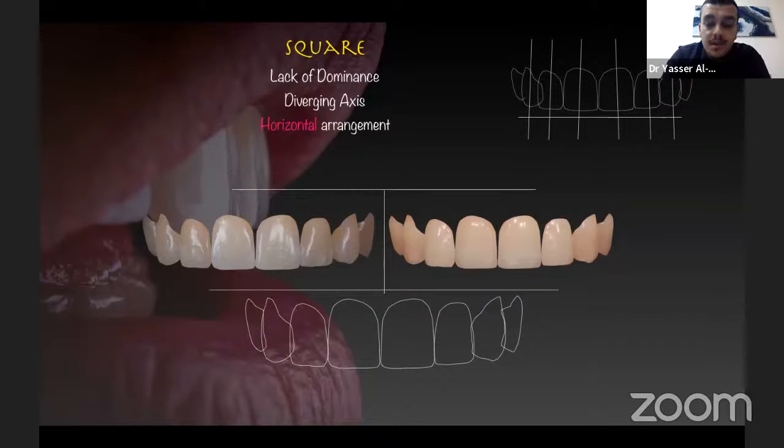There is a lack of dominance, which means the central, lateral, and canine are in the same curvature of the arch, with diverging axes and horizontal arrangement. As we mentioned, there is a lack of dominance between teeth.